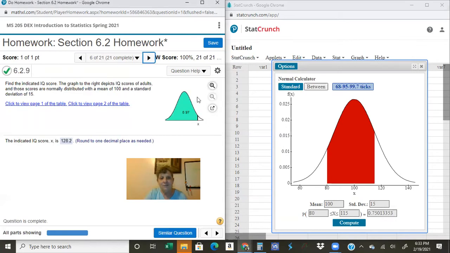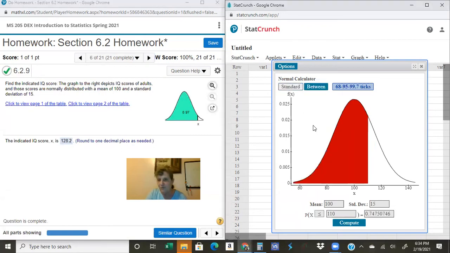In this problem, they're giving us the probability. Now, once again, these are IQ scores. So this is typical for an IQ test. The mean is 100, standard deviation is 15. So that's still the same down here. I need to put this back on standard for just one value.